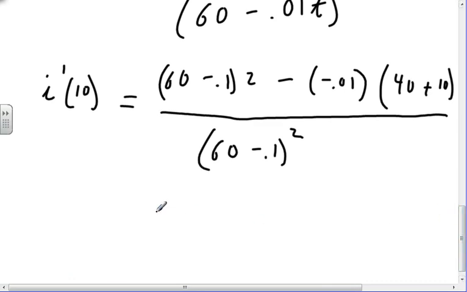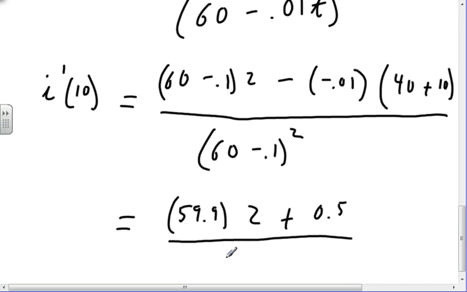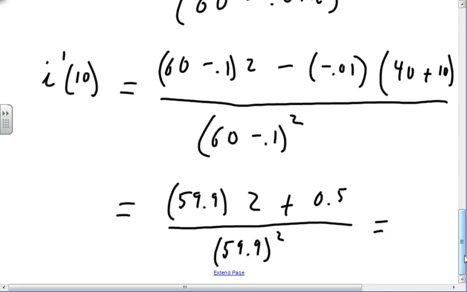Okay, so maybe I did that right, who knows. 59.9 times 2, plus 0.5, divided by 59.9 squared. And so you run that through your calculator to get the right answer.